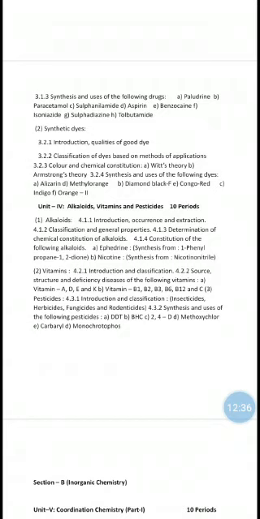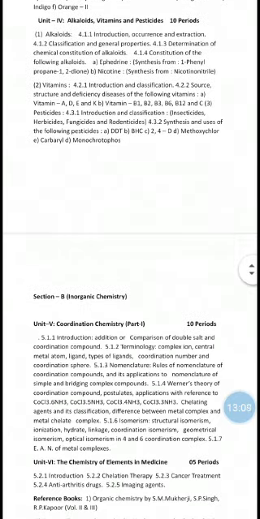For example, if we are going to kill rats, at that time we use a special pesticide called rodenticide. When we are going to kill herbs, we use herbicides. Similarly, we use fungicides, insecticides, all others. And these pesticides include DDT, BHC, methoxychlor, carbaryl, and monochlorophos.